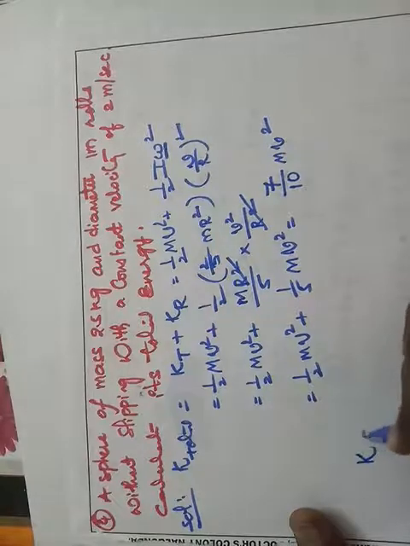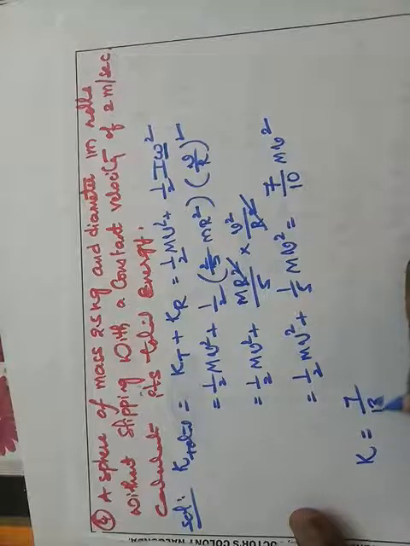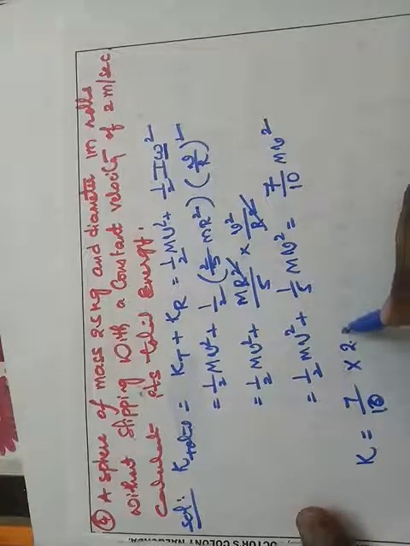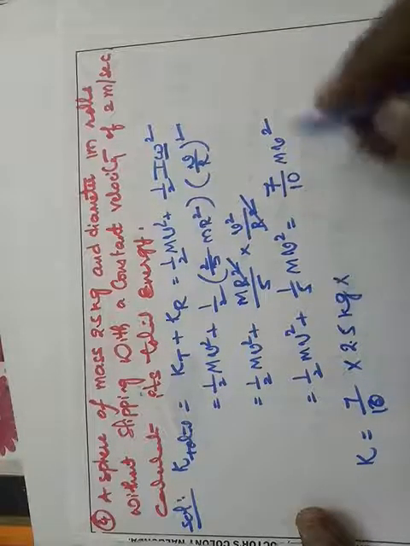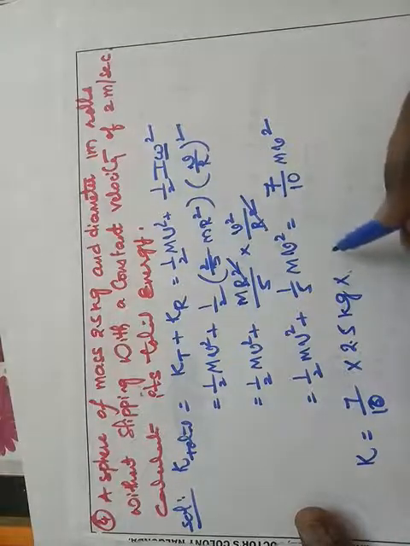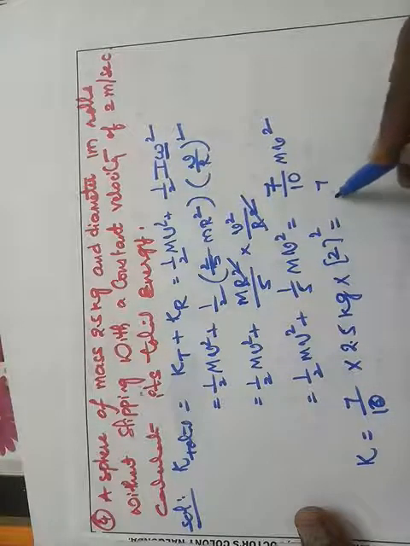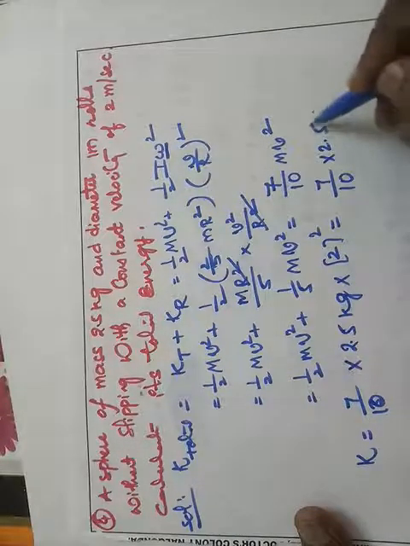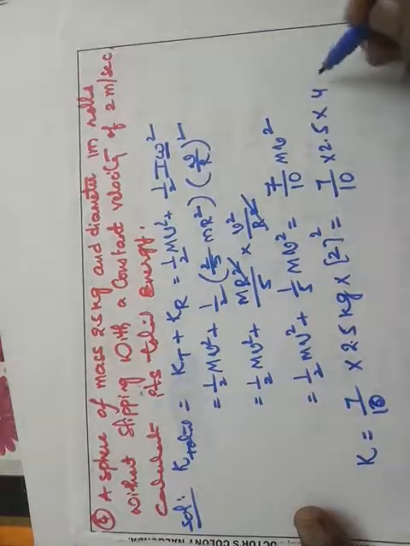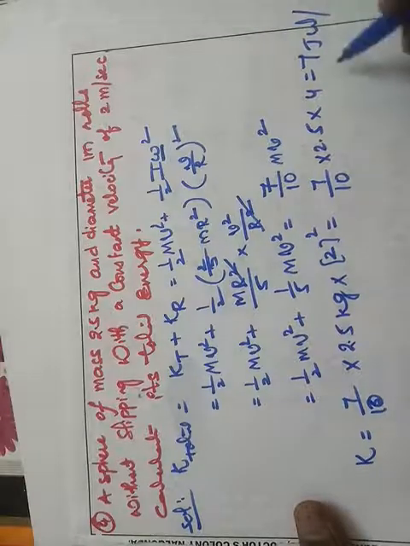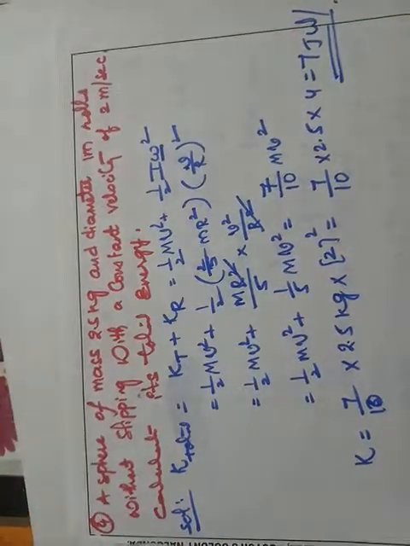The total kinetic energy is 7/10 into, what is the m value? 2.5 kg, into what is the v value? 2 meters per second, so 2 squared. So finally we get 7/10 into 2.5 into 4, and we get 7 joules. So the answer is 7 joules.